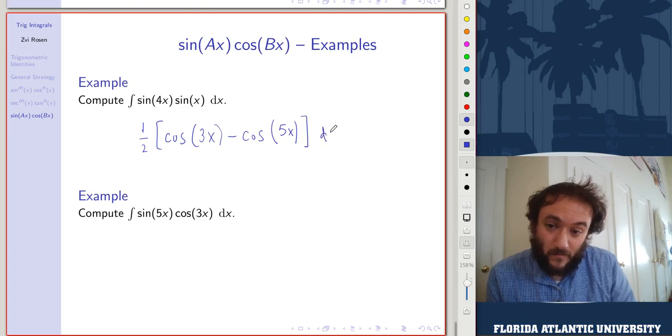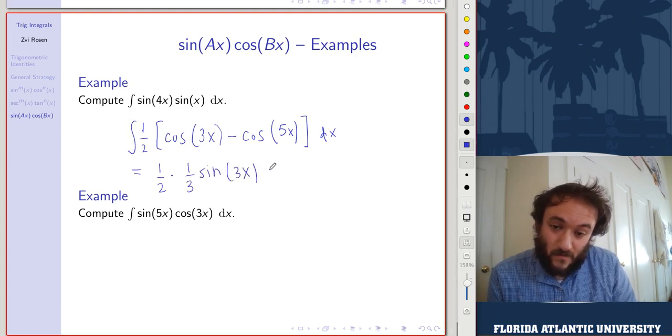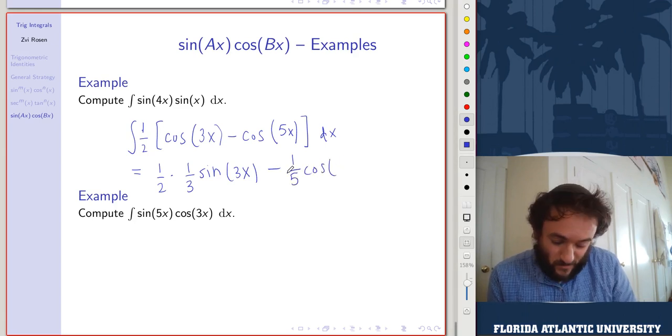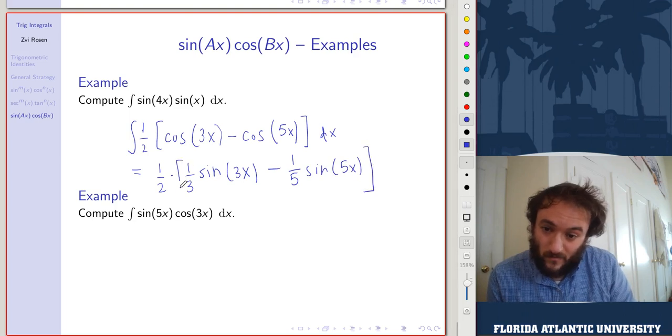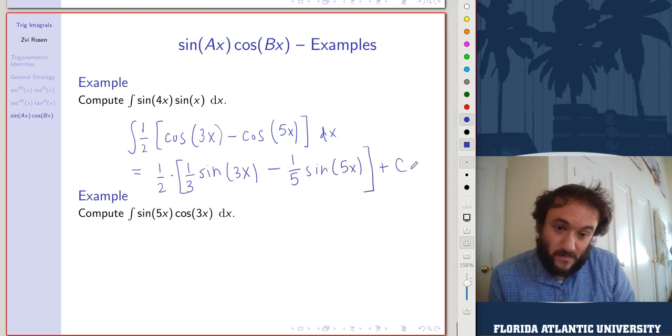Okay, dx. This integral is much easier to do. We'll have a half of 1/3 sine 3x minus 1/5 cosine, sorry, it should be sine 5x, plus c.